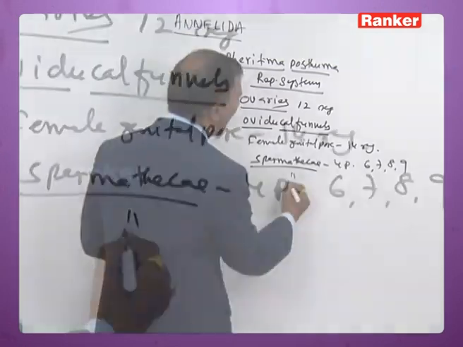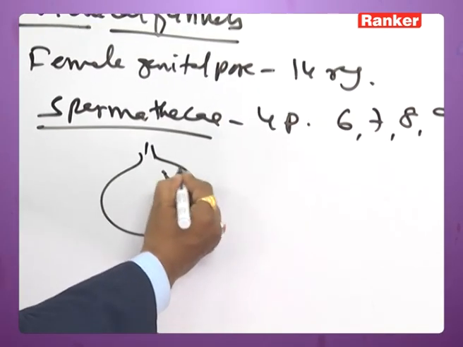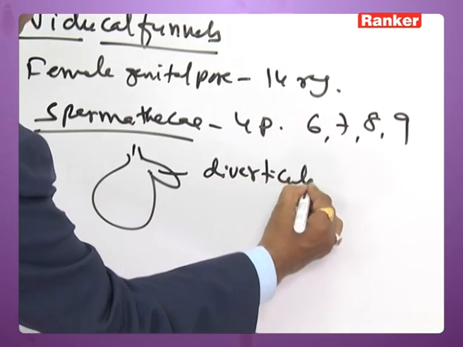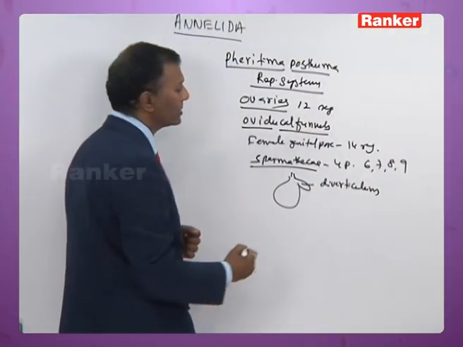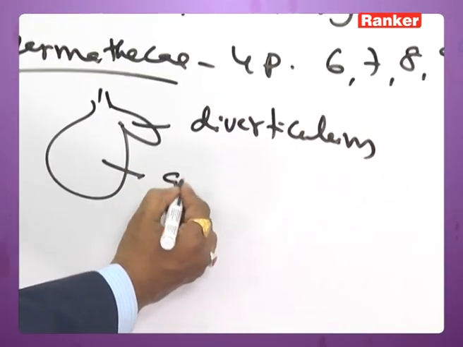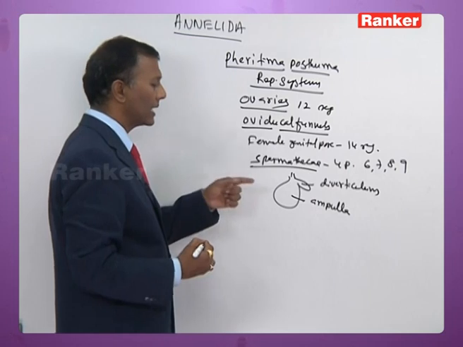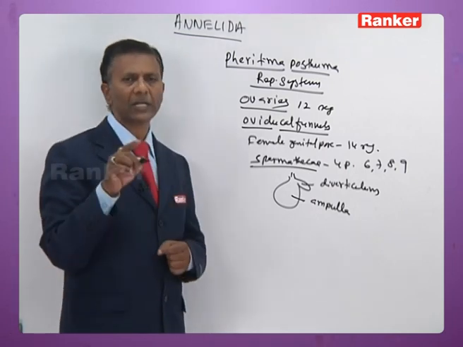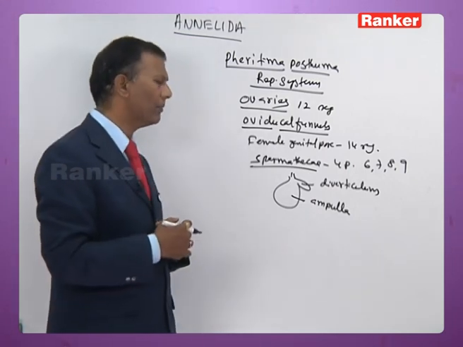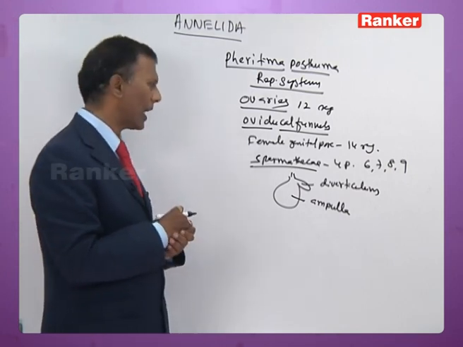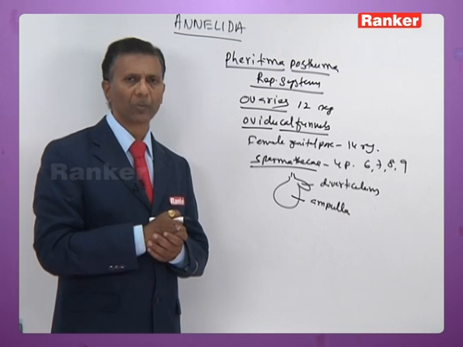Each spermatheca has a finger-like projection called the diverticulum that stores sperms, and a pear-shaped bag-like structure called the ampulla that nourishes sperms.